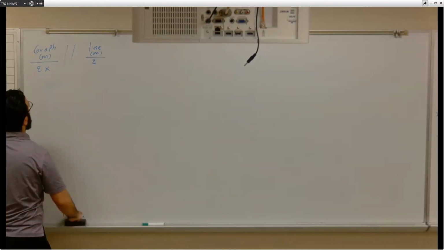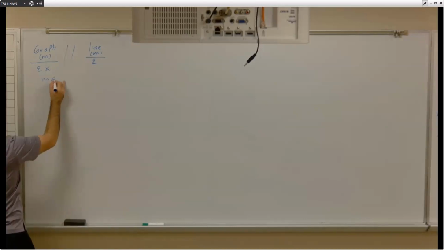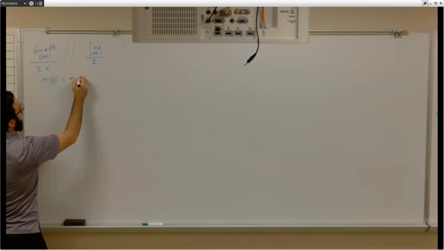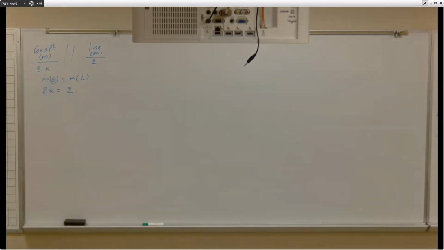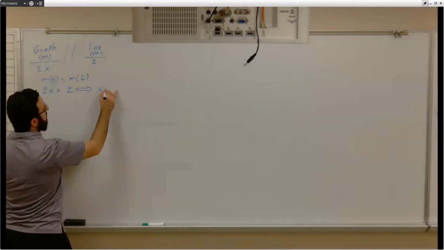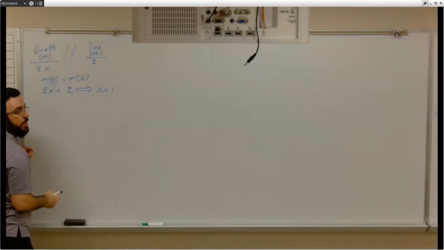The slope from the graph is going to be equal to the slope from the line. So 2x is going to be equal to 2. Can I solve it for x? That means x is going to be equal to 1. So now that's my goal. x equals 1.